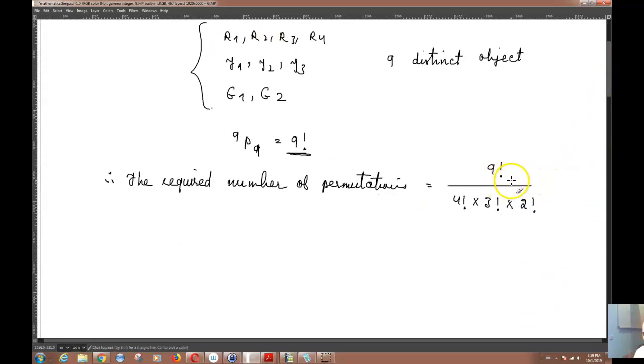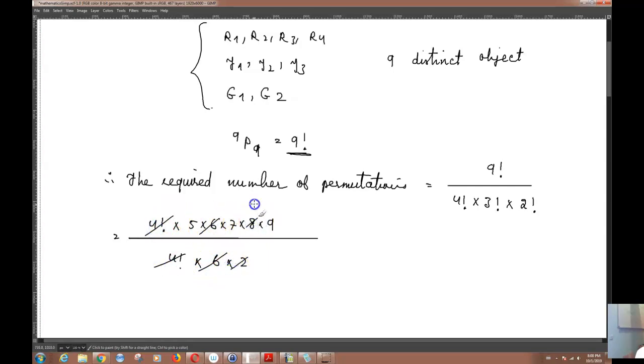If you calculate this, you would get something like 4 factorial times 5 times 6 times 7 times 8 times 9 divided by 4 factorial times 6 times 2, and then these cancel out and simplify, and you would get 35 times 36, where 9 times 4 is equal to 36, and you will get 1260.